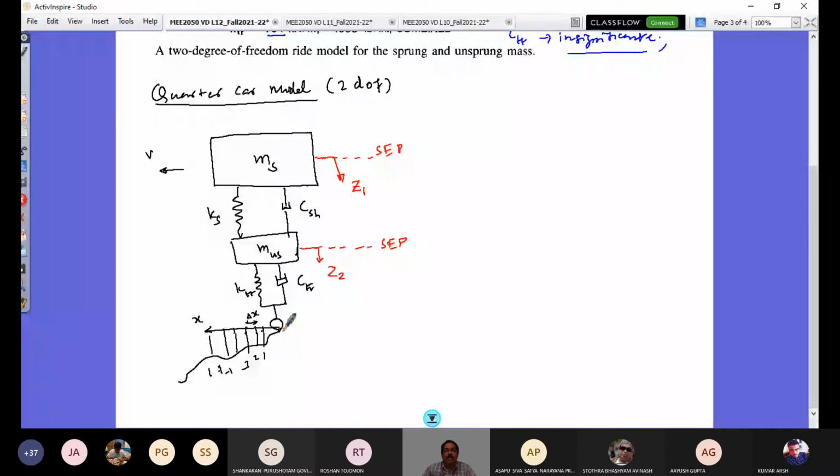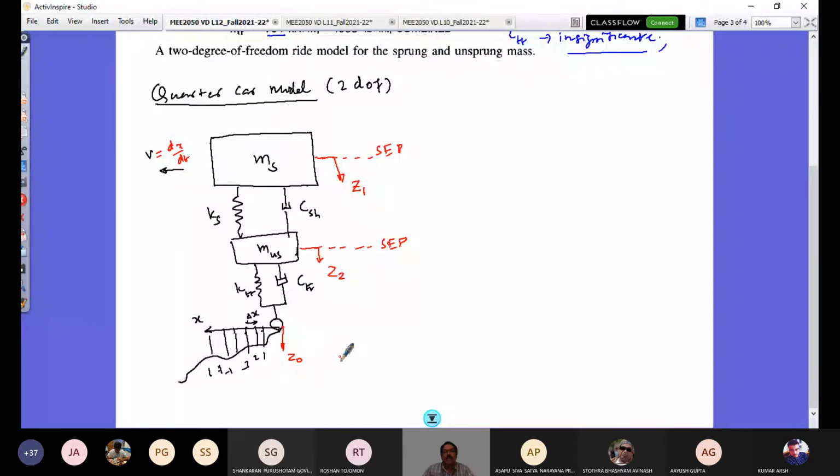And the displacement of the road is Z0 at any time, right? That is your road profile or road elevation profile, you could say. The slope of that is dz0 by dx multiplied by velocity, which is dx by dt, would give you what?